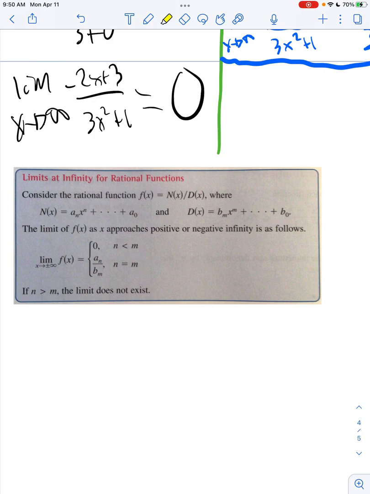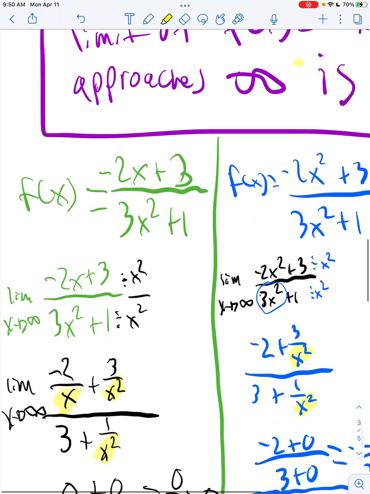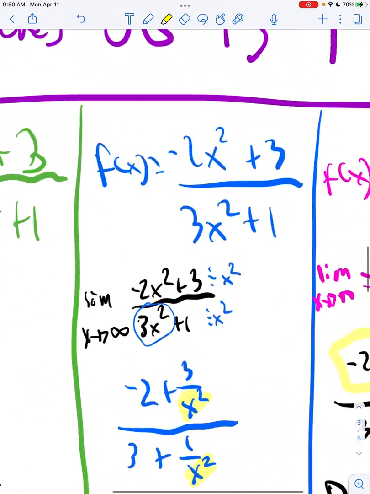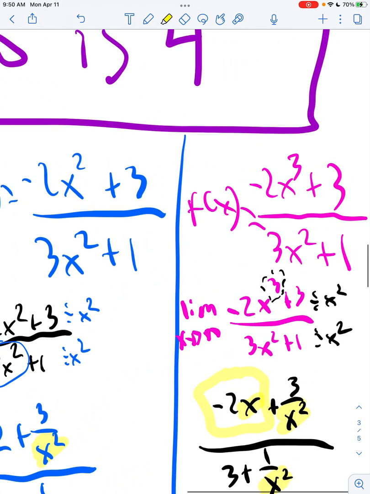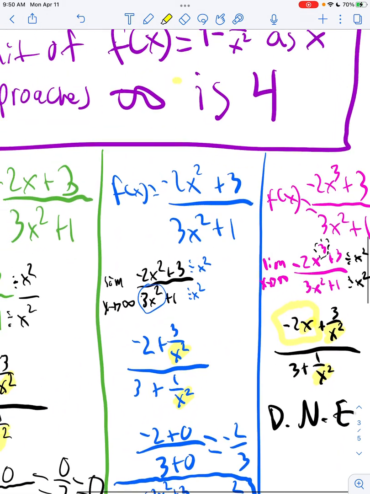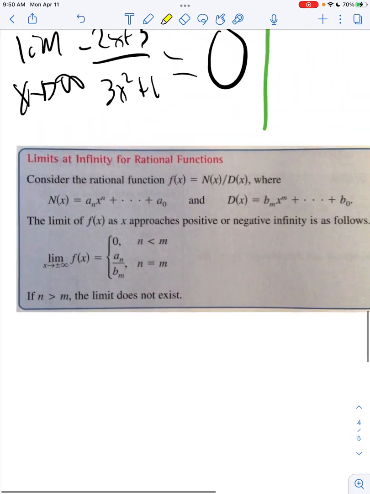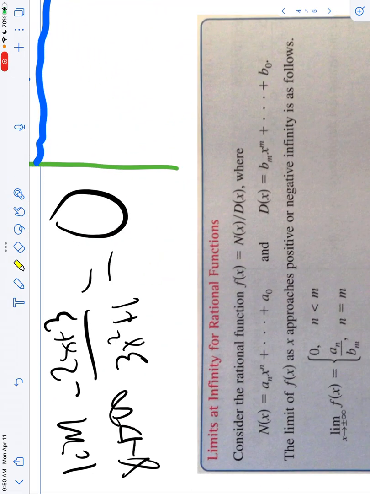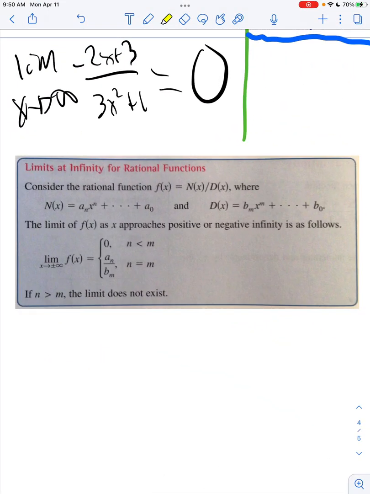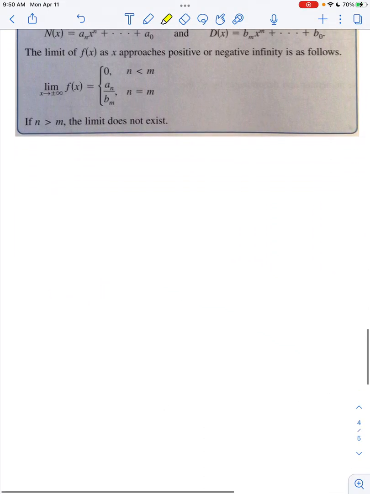If n equals m, which was our second example, you have a of n over b of m. And then if n is greater than m, again looking at the degrees of exponents, green had a degree of 1. Blue had a degree of 2 on both the top and the bottom. And pink had a degree of 3 on the top and 2 on the bottom, which is why the limit does not exist. So we did an example of all 3 kinds.